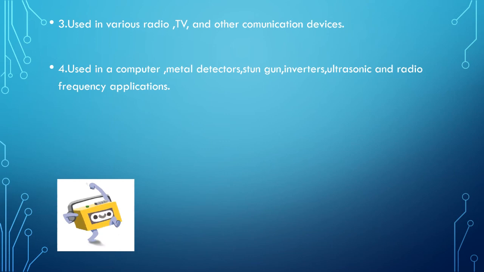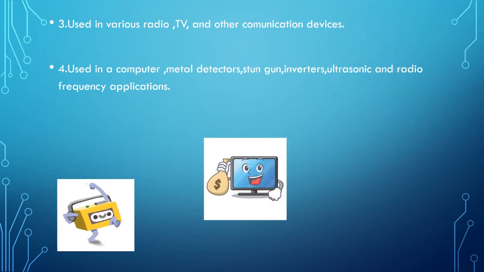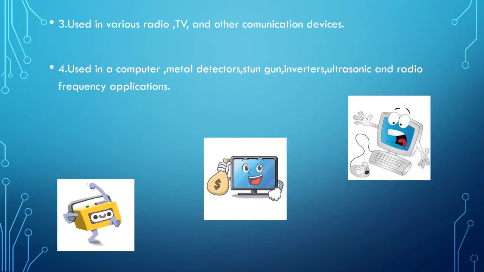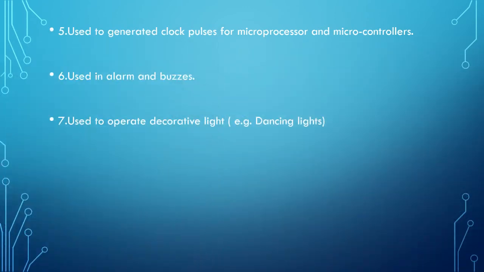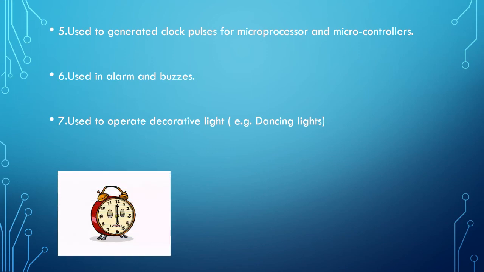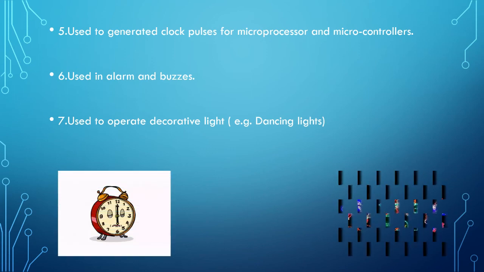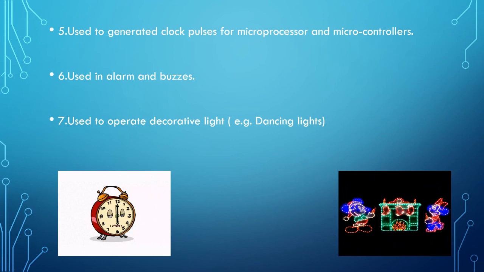It is also used in computers, metal detectors, stun guns, inverters, ultrasonic, and radio frequency applications. It is also used to generate clock pulses for microprocessors and microcontrollers. Used in alarms and buses. Used to operate decorative lights, for example dancing lights.